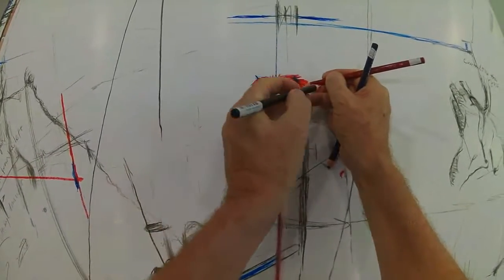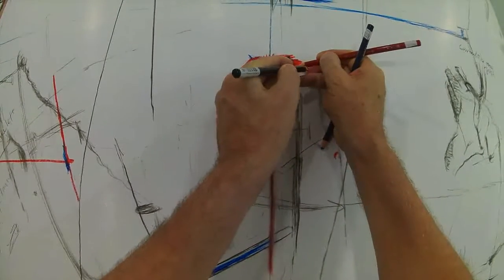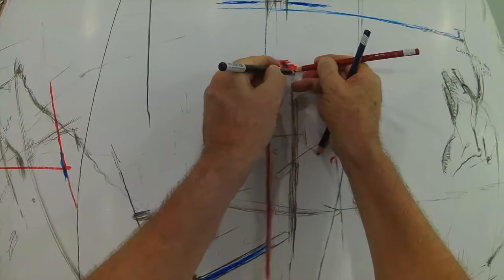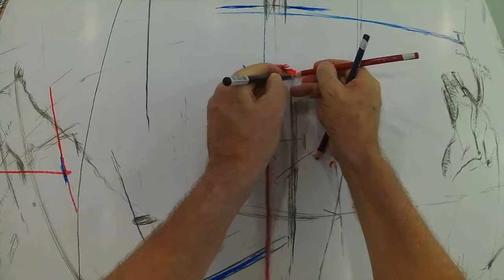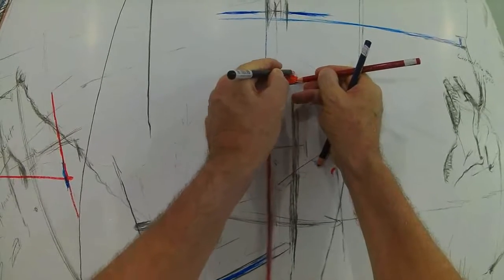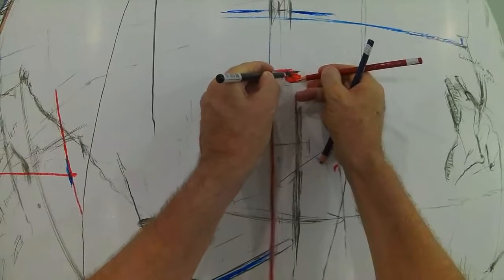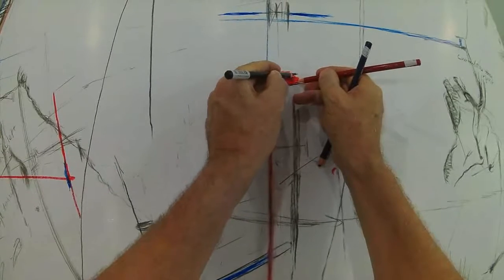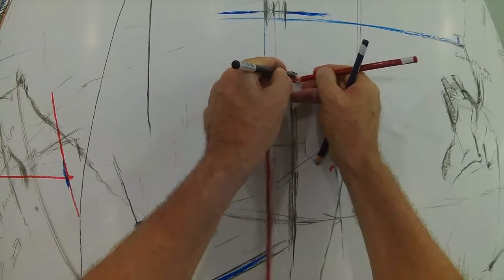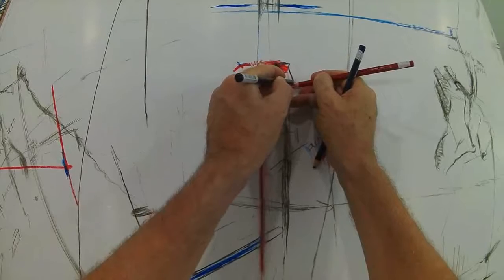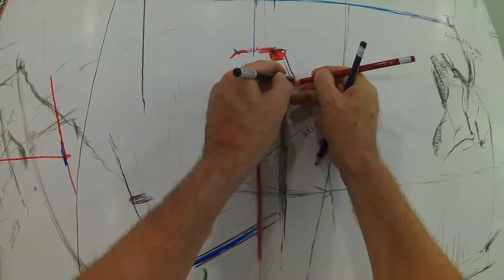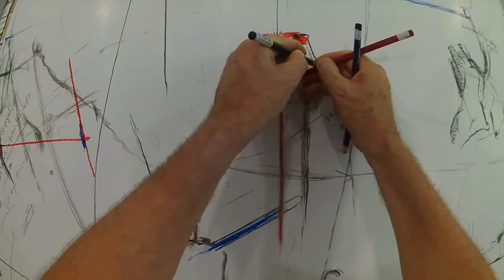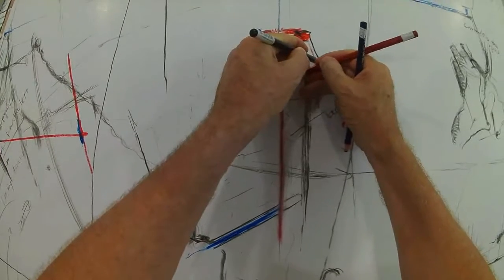However, here I'm looking at this, what I can see of my second finger, my index finger. I think it is. And so now I'm drawing with both my right and my left hand.